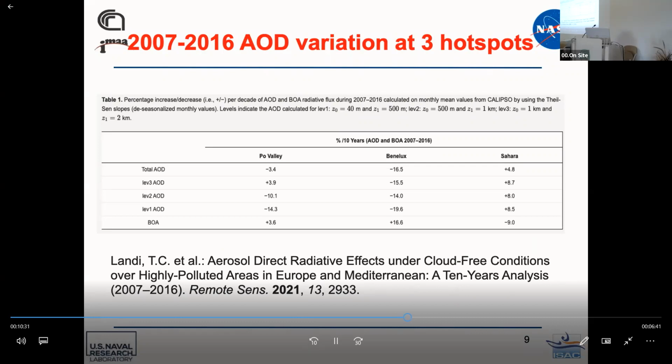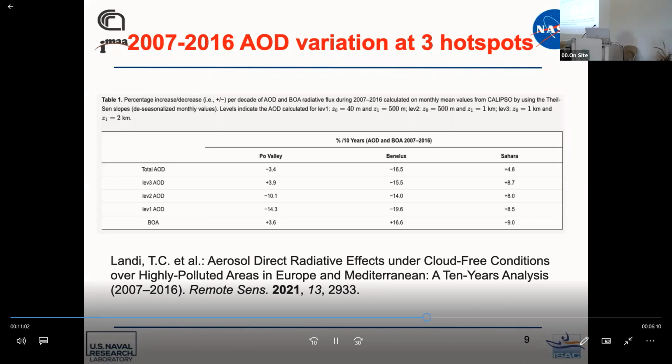What is possible to stress from this table is that during the analyzed decade, the AOD trend, and consequently the total atmospheric turbidity, for the Po Valley and the Benelux is negative. So we have negative 3.4% and negative 16.5%.